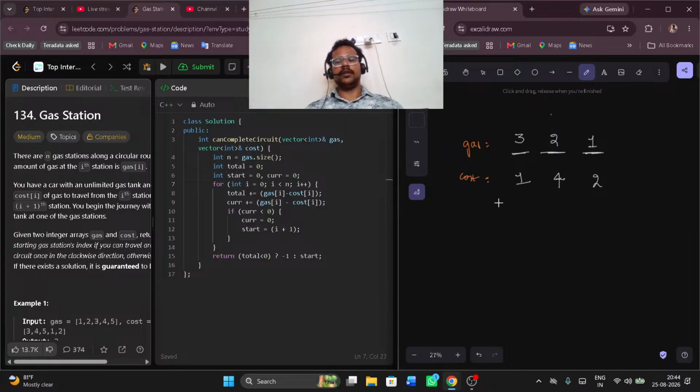I have 3 as gas, which is 3 gas units. I need just 1. So these will be cancelled out and still I have 2. Now I have another 2 and I need 1, 2, 3, 4.